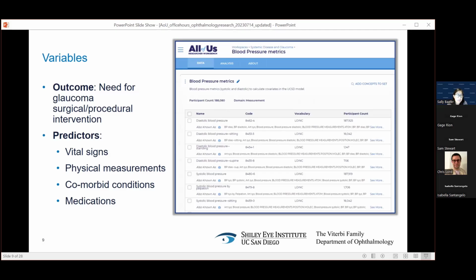to define the outcome of interest in this particular study. And then we also looked at vital signs, physical measurements like blood pressure and heart rate, comorbid conditions, and medications. For example, for the comorbid conditions, we looked at diagnosis codes for hypertension and diabetes, cancer diagnoses as well, and a whole range of systemic diagnoses.